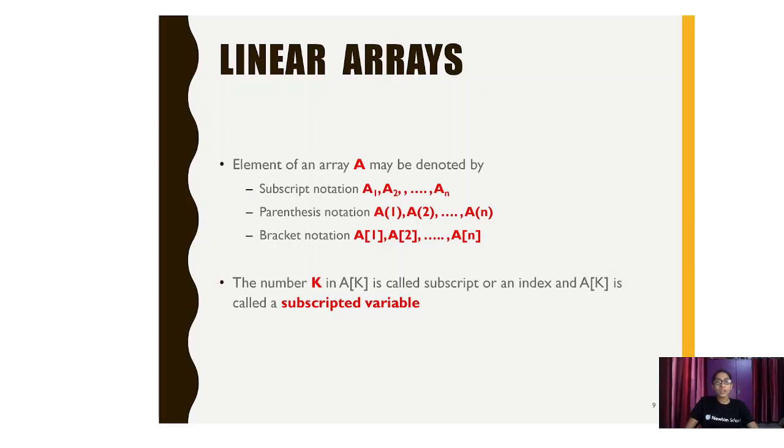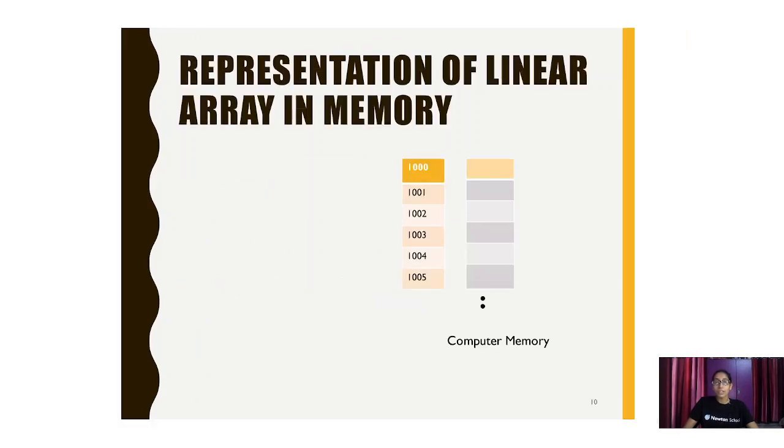The parenthesis notation uses circular brackets to represent the elements. The bracket notation is similar to the parenthesis, but uses square brackets. The number k in AK is in subscript, and the index of AK is called a subscripted variable.